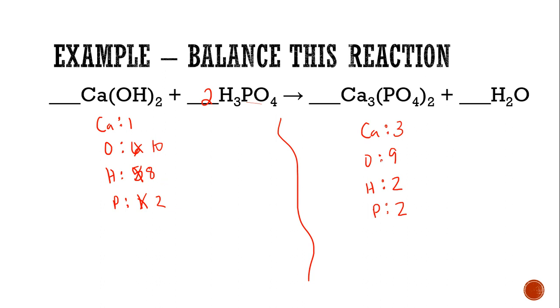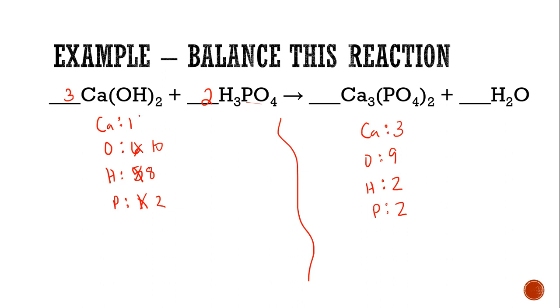Let's try calcium because that seems like a good bet because it's the only one that doesn't have 2 elements. So calcium, I have 3 on the left-hand side. So here I have 3 on this side. And let's see how that shakes out and affects my other stuff.